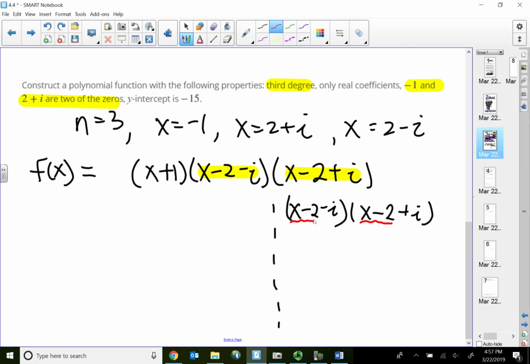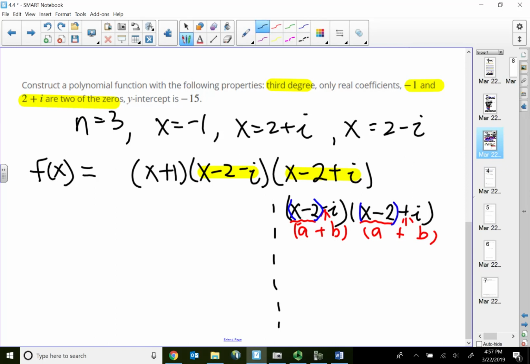If I treat the x minus 2 in the 2 parentheses as an a, i will be the b. 1 minus and 1 plus. What is this? This is a difference of squares. So that means this is my a and this is my b.